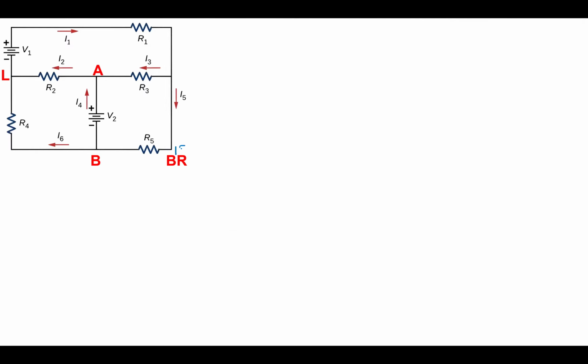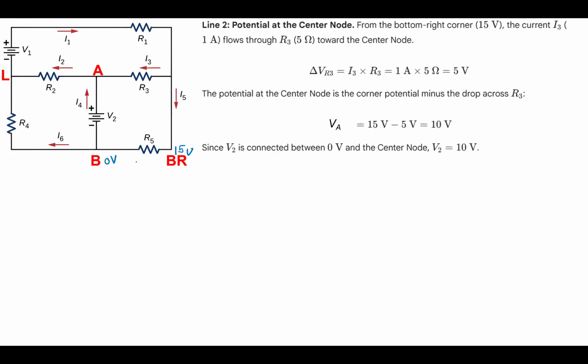So 0 volt. And then we found that this is 15 volt, and this is also the same 15 volt because there's no resistance. So that is the 15 volt. And then we need to find out what the voltage is here. And we note that the voltage will drop by this resistor R3, and the voltage drop is given by this much.